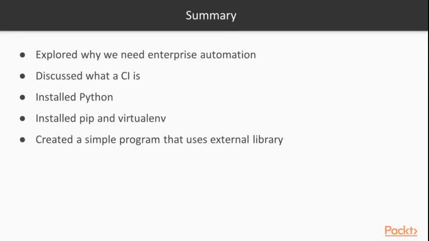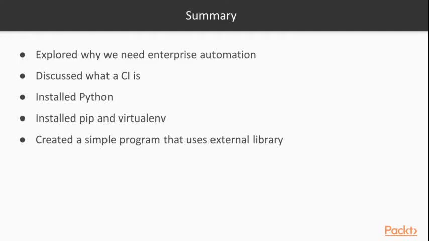So we learned why we need enterprise automation. We saw what continuous integration is, continuous deployment, and how to achieve continuous integration and automation of the whole process of deploying code to production. We installed Python that will be leveraged throughout this course. We installed pip and virtualenv that will be used to download some kind of external dependency and use them.